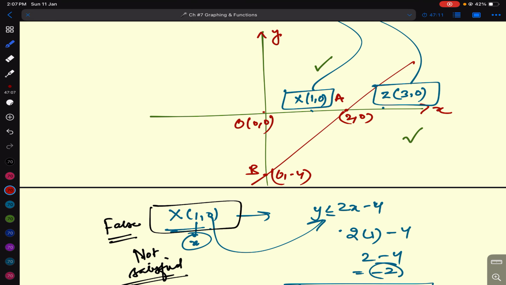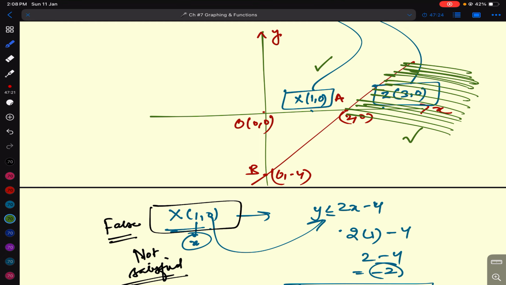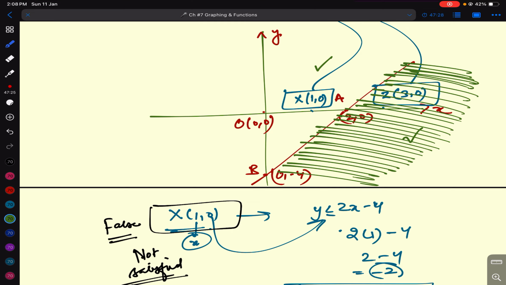Okay, so that means the area that corresponds to the graph of the given linear inequality is this portion, the right portion. Okay, so the entire right area satisfies the given linear inequality.